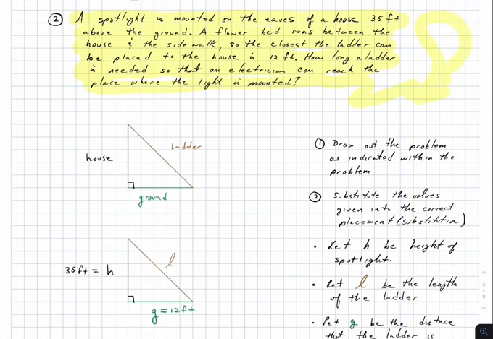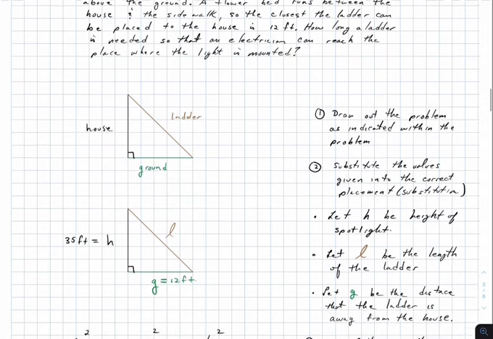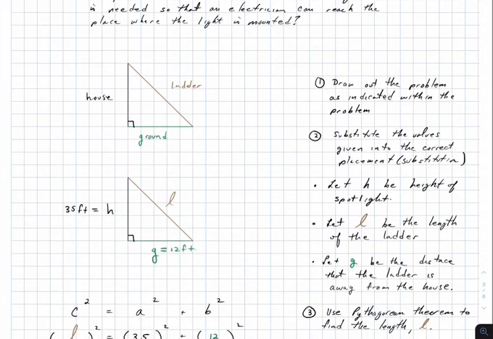Okay, so what do we do? Well, when in doubt, draw it out. Like I said, always draw the problem out. Never try to do these problems in your head. You can get lost pretty quickly. So, I redrew it, and I made a picture. I made a nice right triangle. And I clearly labeled the ladder, and I colored it brown, because maybe it's a wood ladder.